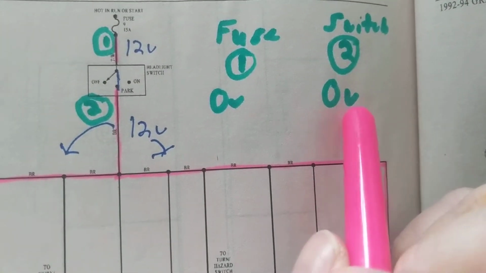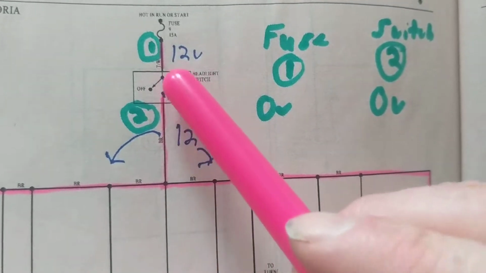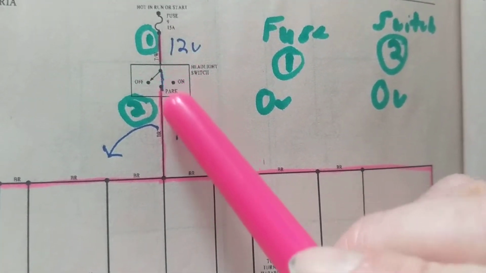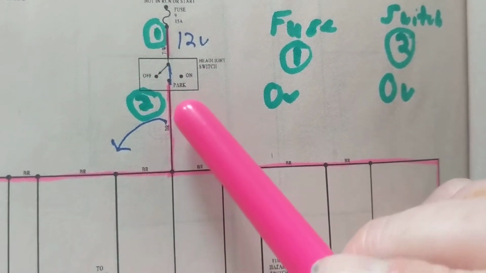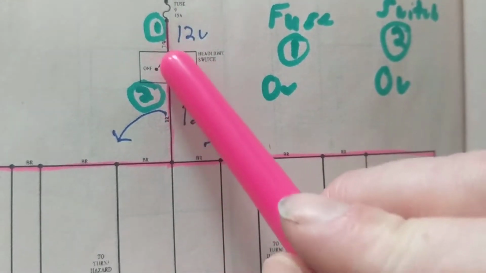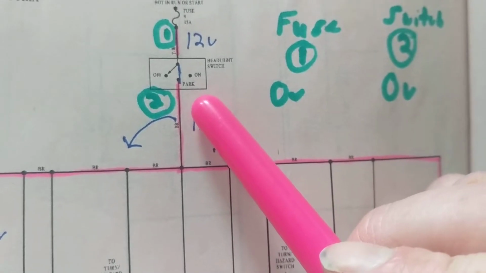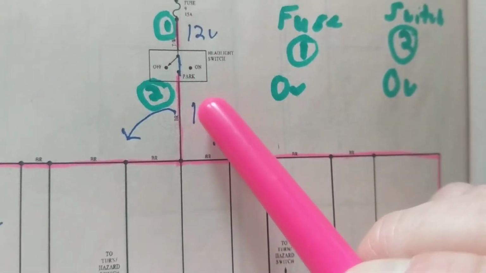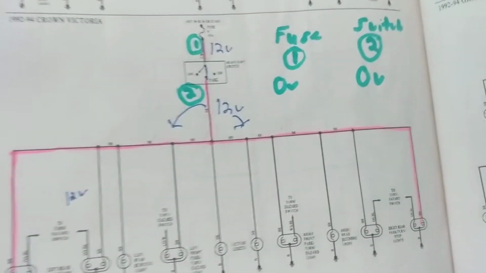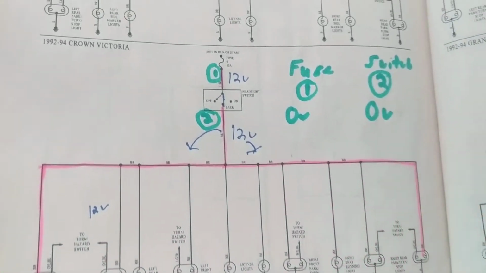If test point 2 measures 0 volts, the switch is stuck maybe on off, maybe stuck on, but certainly not making contact to the park position. And the fuse is intact. Simple circuit. So this should be a good troubleshooting.